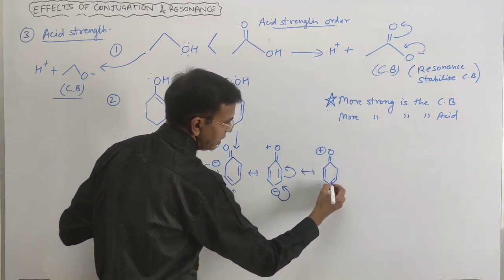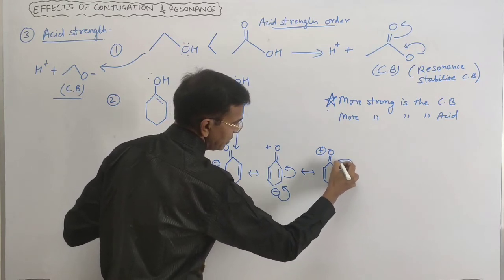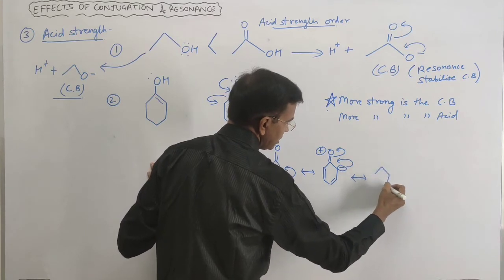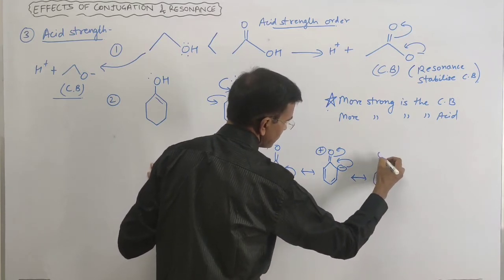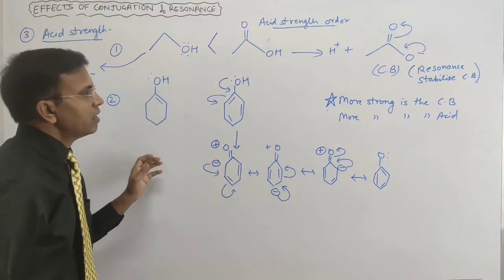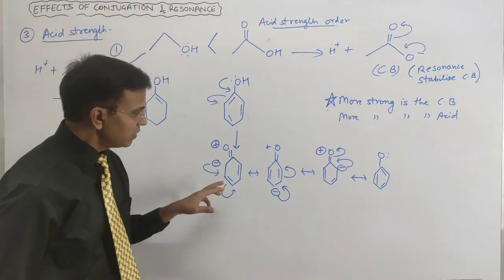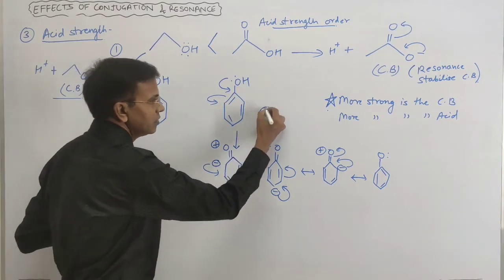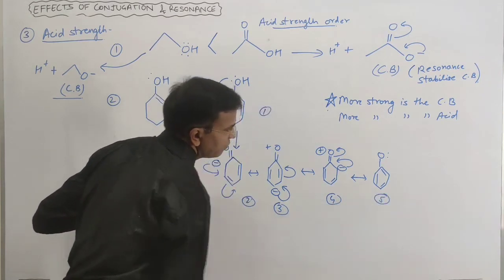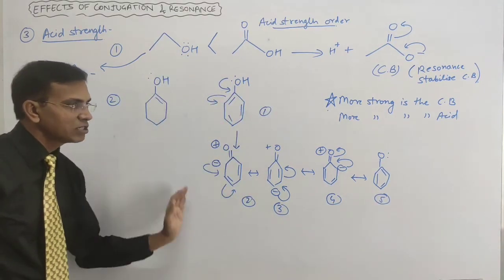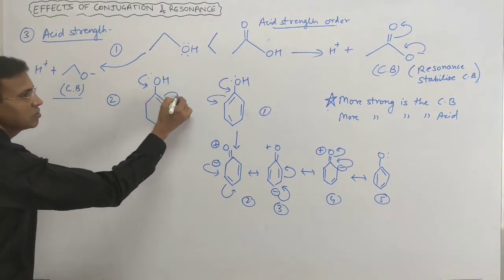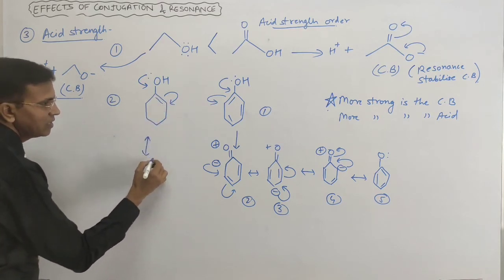Oxygen positive charge, and here comes the negative charge this time. Again movement takes place, and the next resonating structure. So we may see here 1, 2, 3, 4, and 5. Five resonating structures have been formed. But in this case, these pi electrons shifting takes place here.